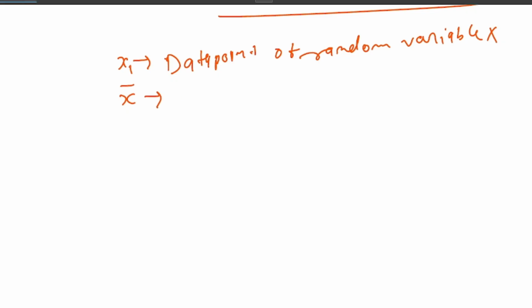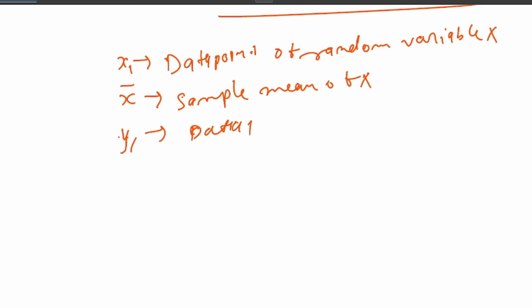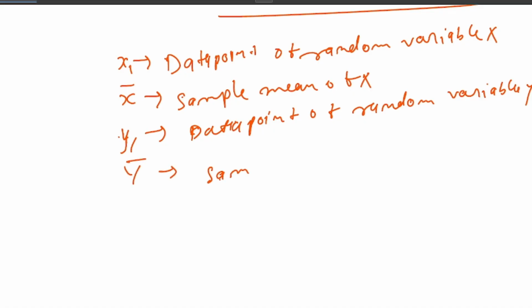X bar is the sample mean of x. And yi is a data point of random variable y, right? Random variable y. And what is y bar? Y bar is the sample mean of y, mean of y.